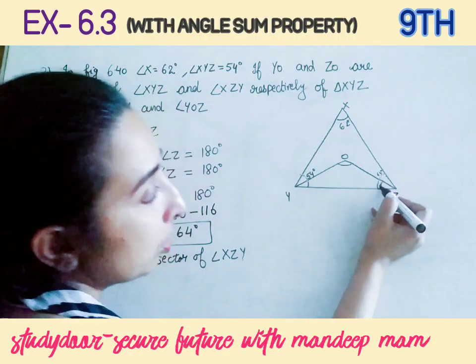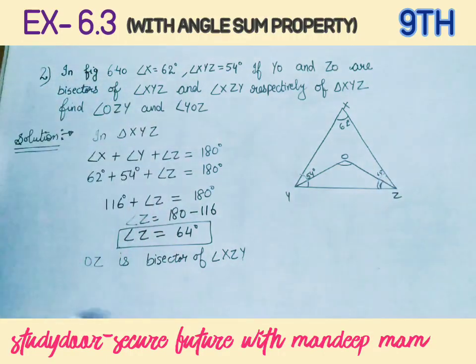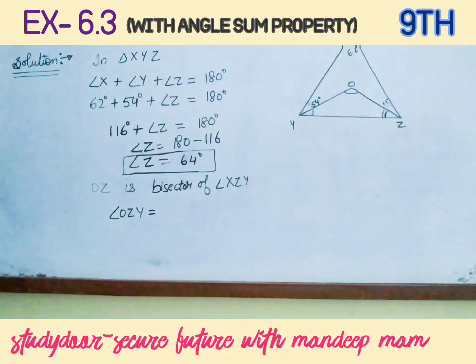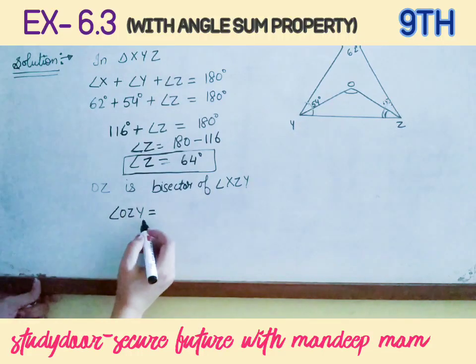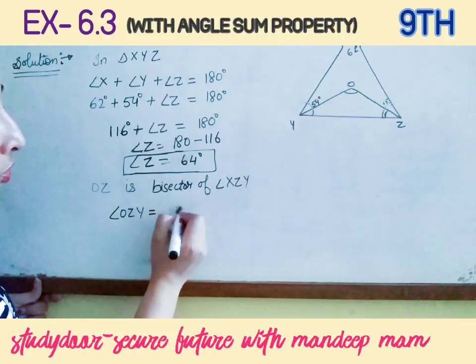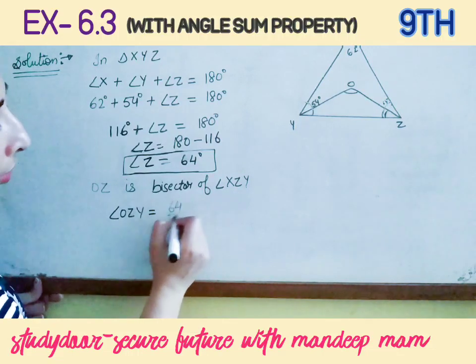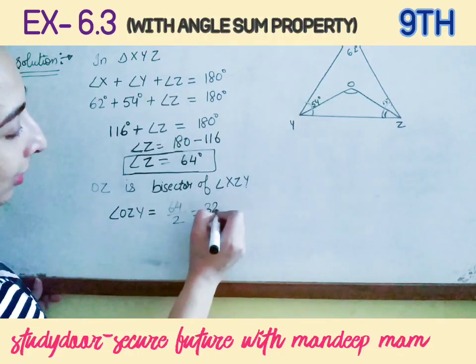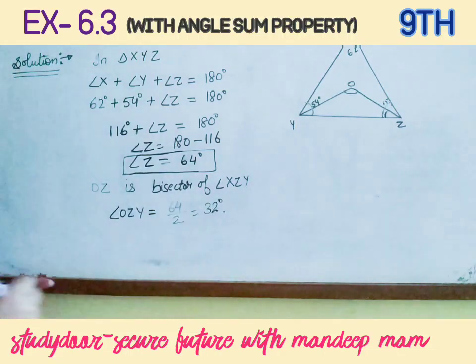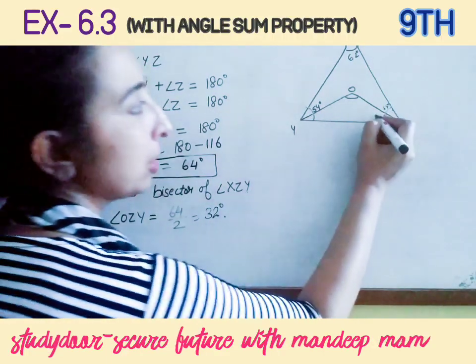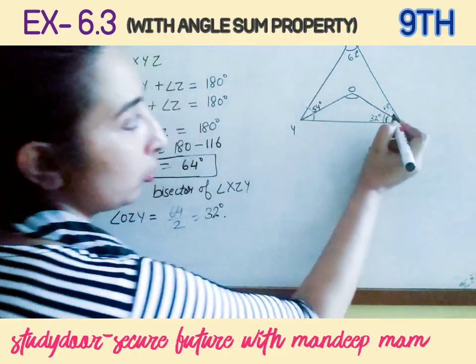So angle OZY is equal to 64 by 2, that is equal to 32 degrees. So this angle is equal to 32 degrees.